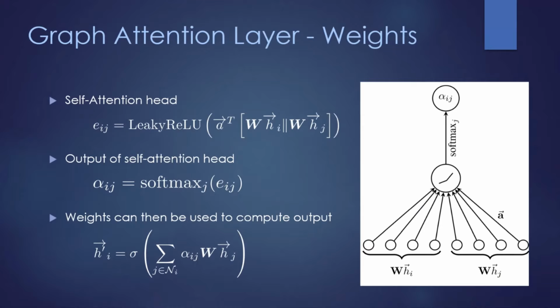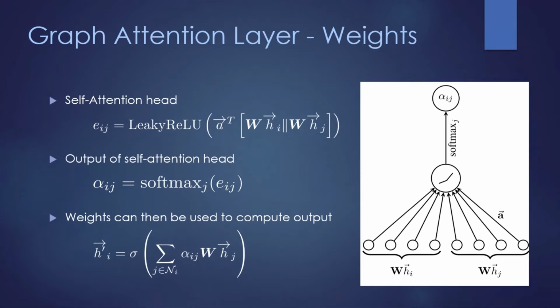Then you take a dot product of that with a vector called A, for attention, which has dimension 2 times f prime, because you're applying a dot product on the concatenation of these two output vectors. And remember, A here is some parameter that needs to be learned.